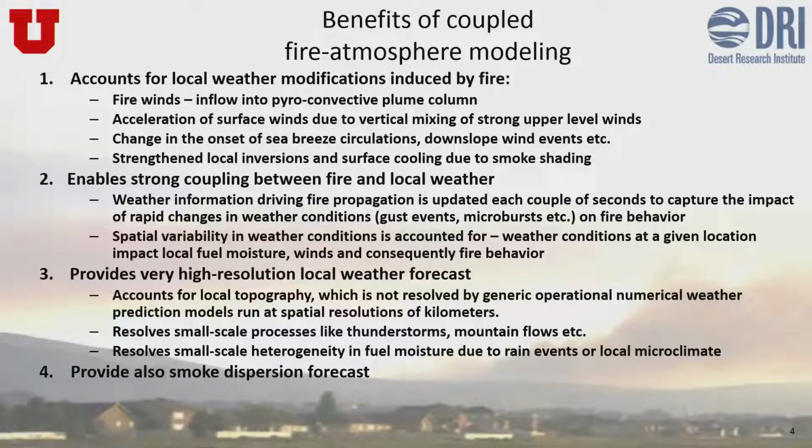So all the things like fire winds generated by convergence at the bottom of those convective plumes, acceleration of surface winds, additional vertical mixing in case of mountain downslope winds, and even the onset of sea breezes and larger scale meteorological processes induced by large wildland fires. Those are the things that we can capture.